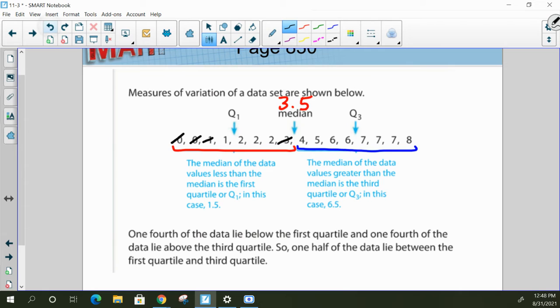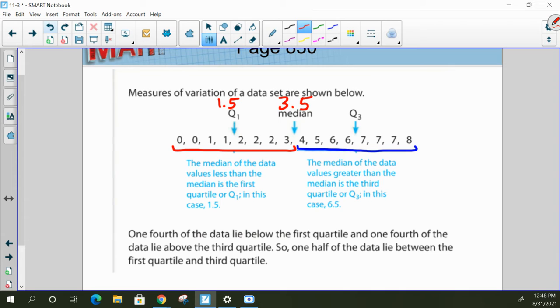So the median of just the red numbers is 1.5. We don't call it the median, we call it the first quartile, or Q1. So the middle of just this set, everything lower than the median, is 1.5.